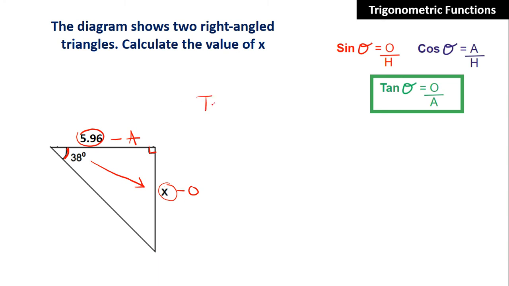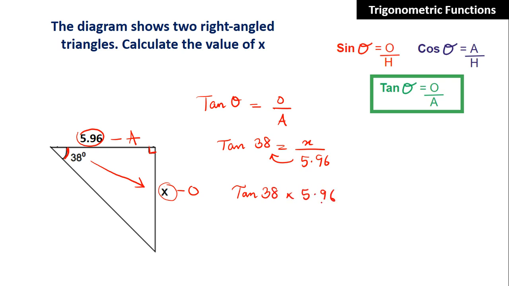So let me just write things down. Tan theta equals opposite over adjacent. In place of my theta now I have 38, so tan 38 equals opposite, which is the x, over adjacent, which is 5.96. Again, when I take the 5.96 to the other side, it turns into multiplication, so tan 38 times 5.96.